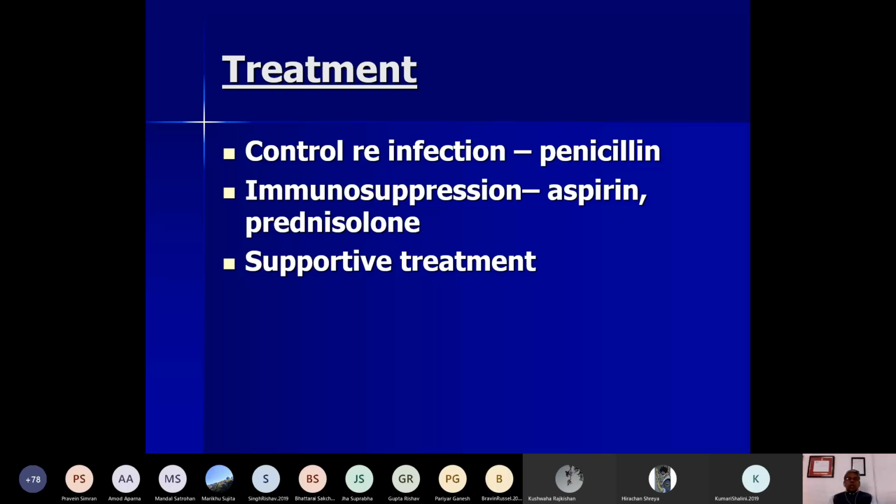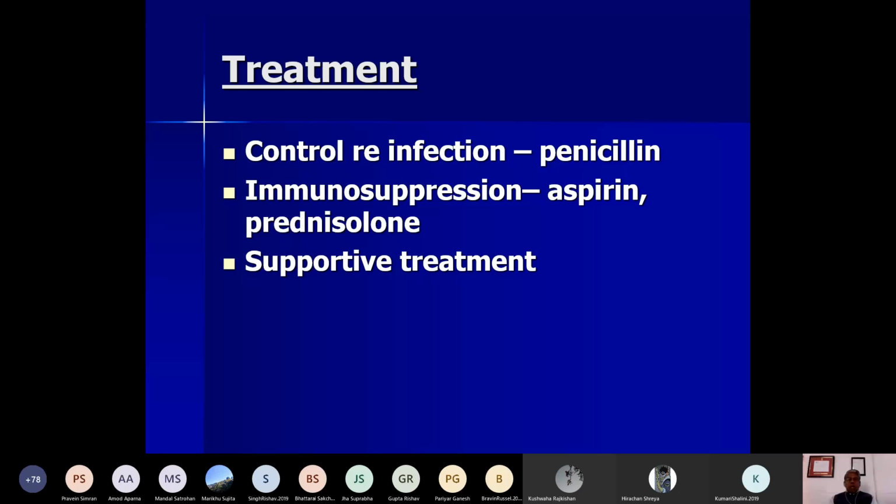Treatment for streptococcal infection is penicillin, preferably injectable penicillin, if not oral. But oral penicillin is not so effective because absorption is not very good. Therefore, treatment of reinfection is important.